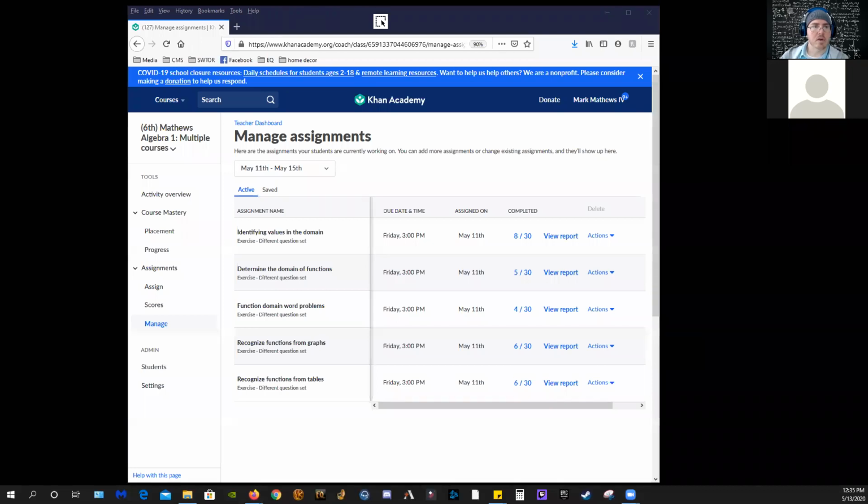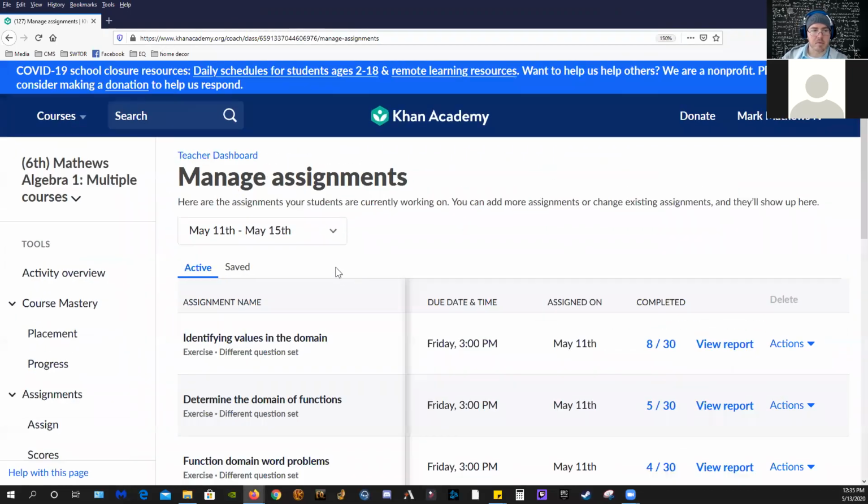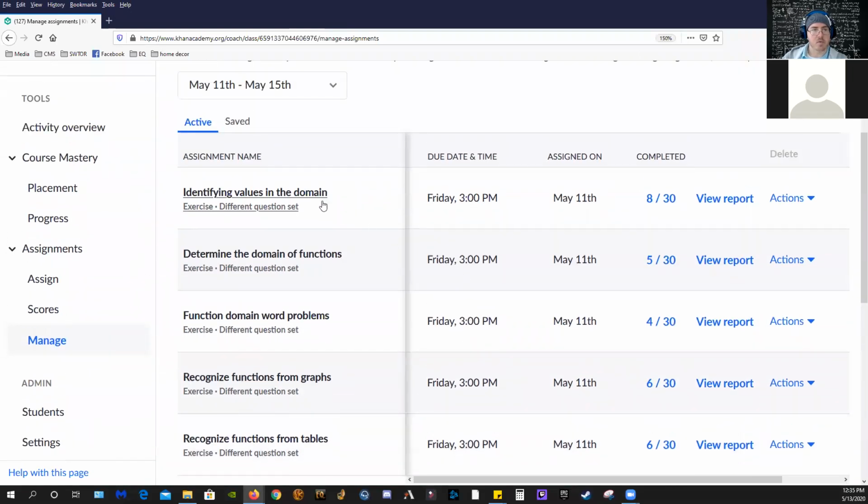So what we got here are the assignments I pushed out. Various number of people have finished them. So here we go. Let's start with identifying values in the domain.